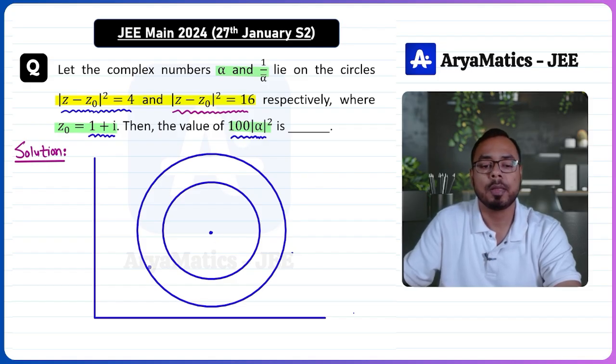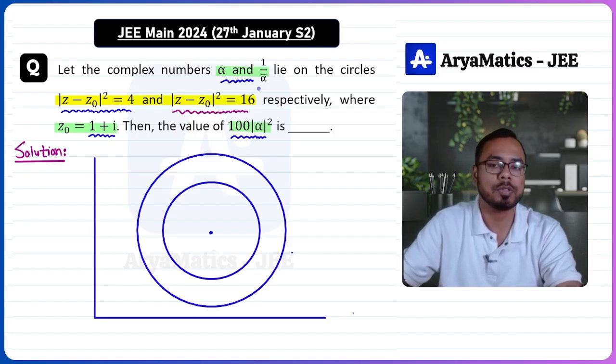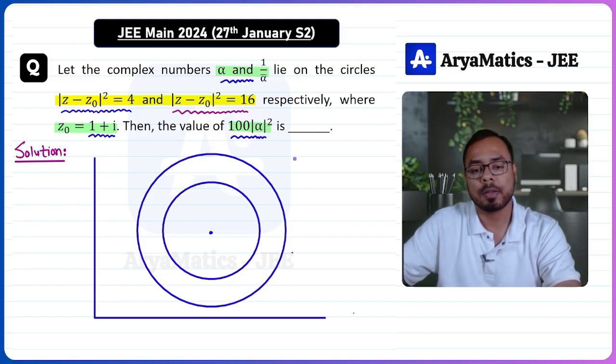point z naught. Now, before we attempt this problem, there is one important concept that for these two complex numbers, alpha and 1 by alpha conjugate, the argument is same. So this is one important point because 1 by alpha conjugate, you can multiply and divide by alpha, and then it becomes alpha by mod alpha square.